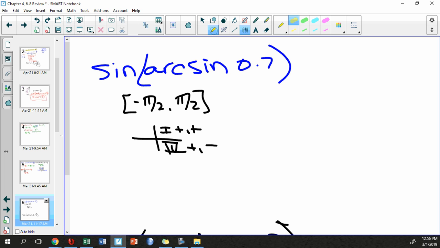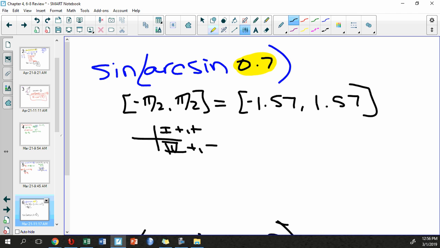The number that I'm looking at is a decimal. -pi over 2 to pi over 2 is not a decimal. So what is the equivalent of -pi over 2? What decimal is that? -1.57 to positive 1.57. Is that within that region?